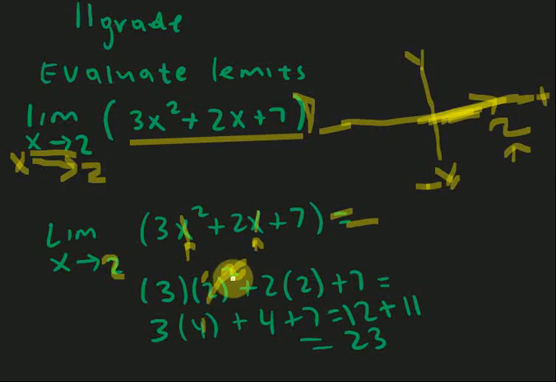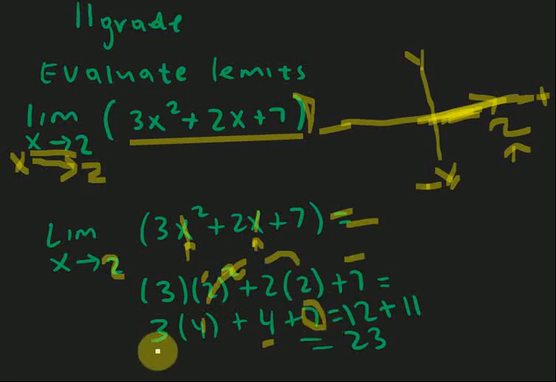We have to do the exponent first, right? And then what are we going to have? We're going to have 3 times 4 plus 4, because 2 times 2 is 4, plus 7 here, plus 7, right?